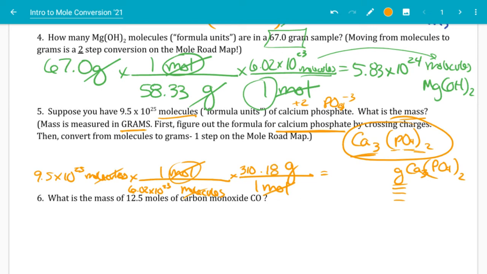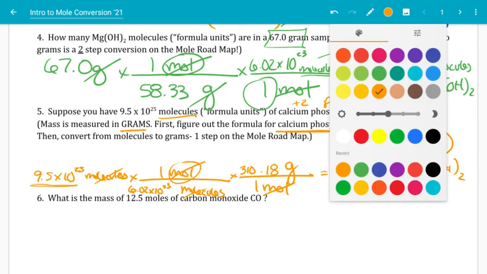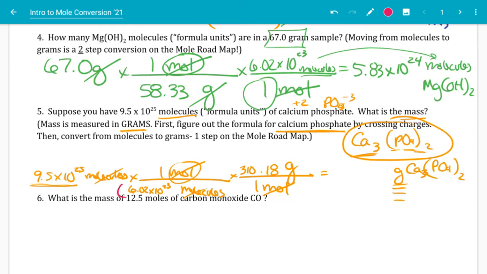Now I need to do the math. I'm going to do 9.5 times 10 to the 25th times 310, so give me a second to do that. 9.5 times 10 to the 25th times 1 times 310.18. And then I'm going to divide it by, super important, make sure that you have put parentheses.